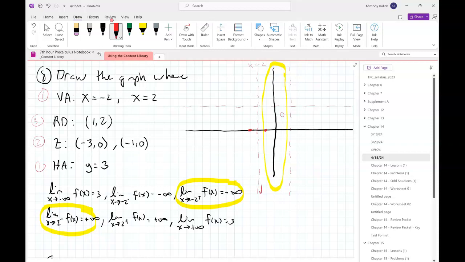So the positive side of -2, it says the end behavior is pointing down. And then the negative side of +2 says the end behavior is pointing up. Everybody's okay with how I read that?